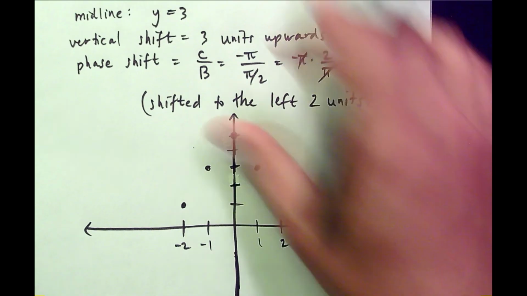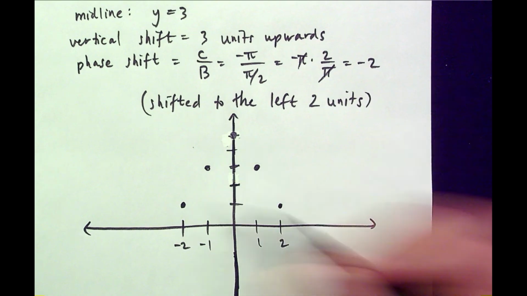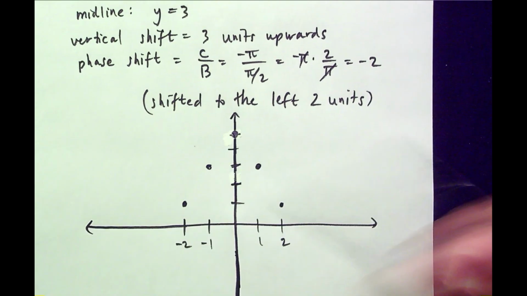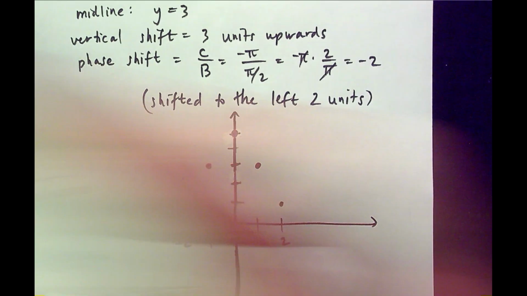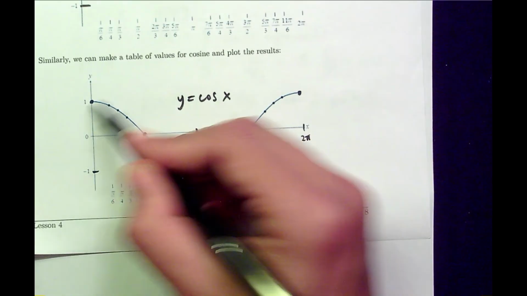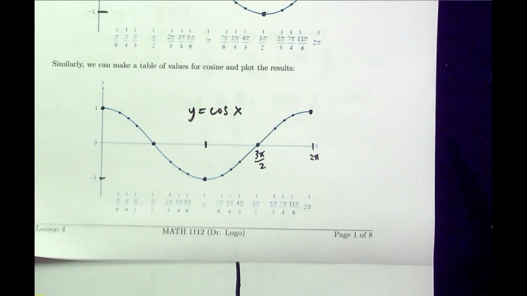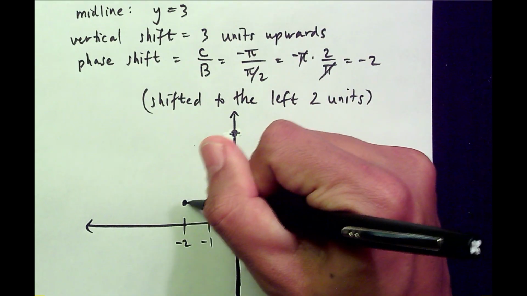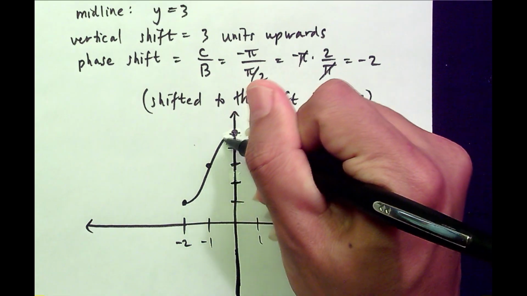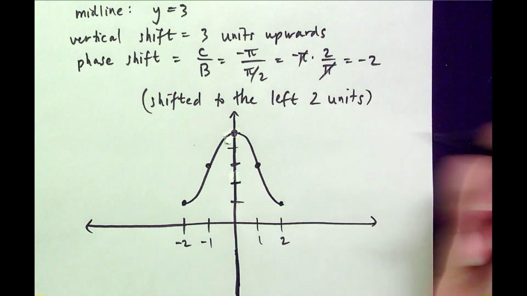if you're making a nice picture, don't be sloppy and make it look like that. It's not a triangle, all right? It's not a V. We should be a little bit more careful and make sure our graph follows that nice shape. So our graph is going to look more like that. There you go.